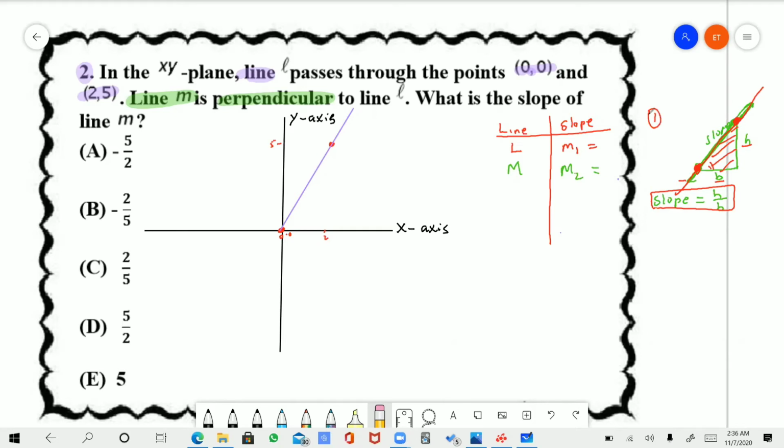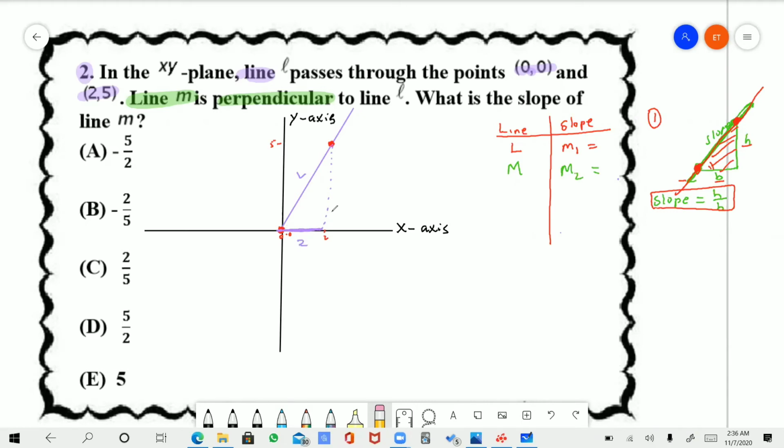So using that, let's form a triangle using the 2 points on line L. Remember, this is line L, guys. Using the 2 points on line L, we can form a triangle, right? We can just come down. I know you can tell what the base of this triangle is. I know you know it's 2, right? From 0 to 2, this distance is 2 units.